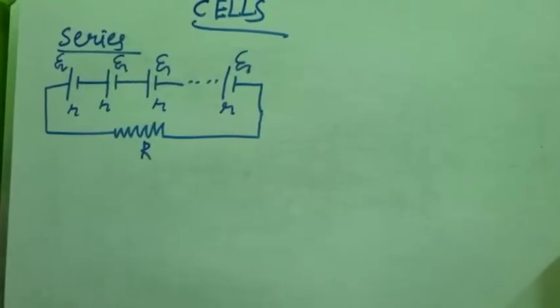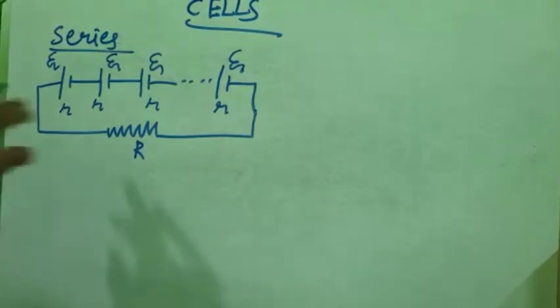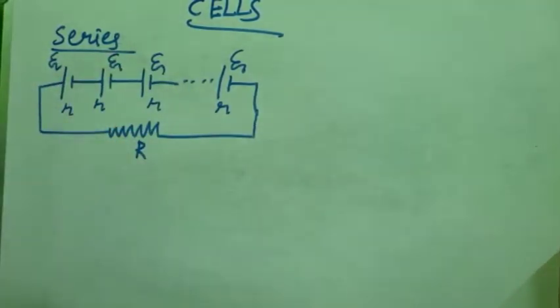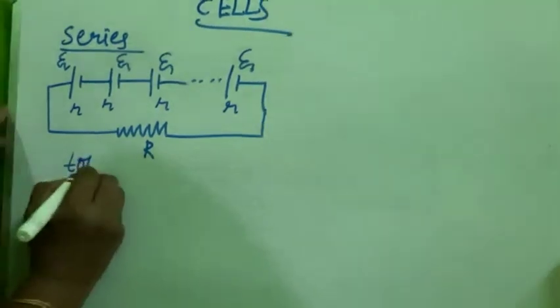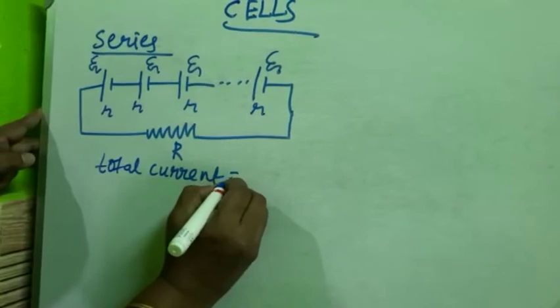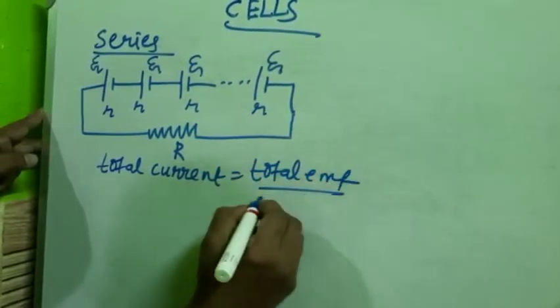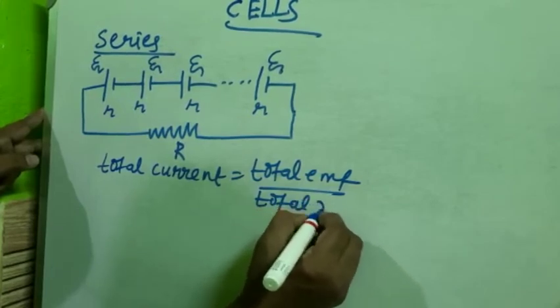Voltage is the total voltage, or you say total EMF in the circuit, and total resistance in the same circuit. So we will write the formula for current now. Total current is total EMF divided by total resistance.